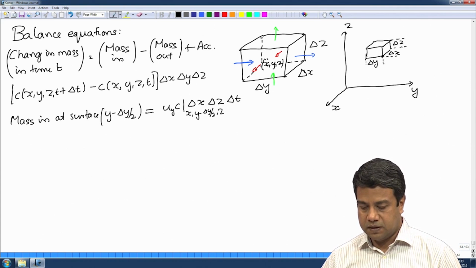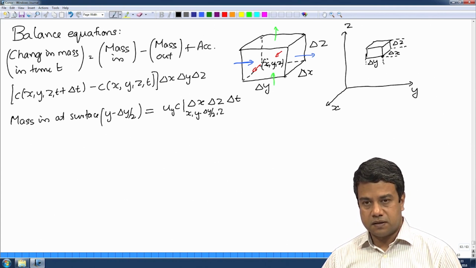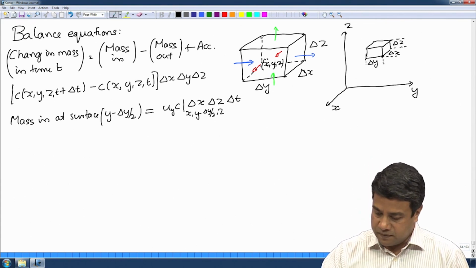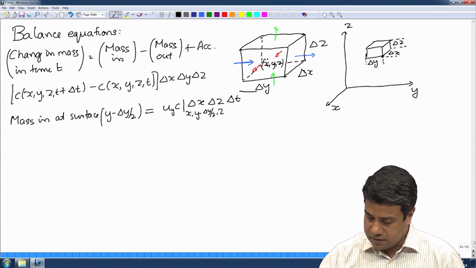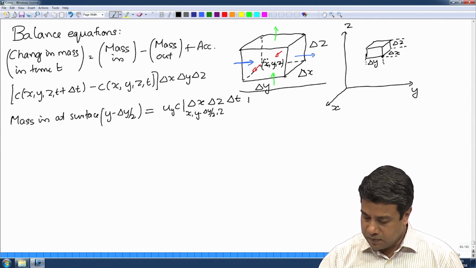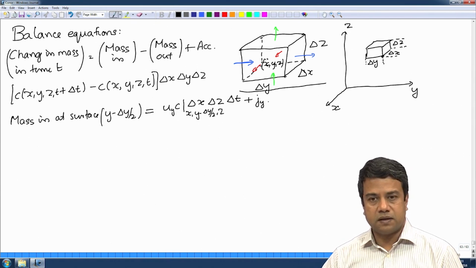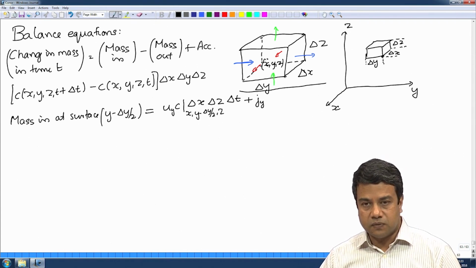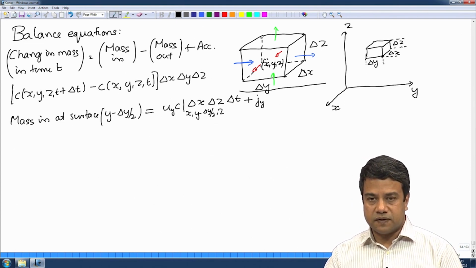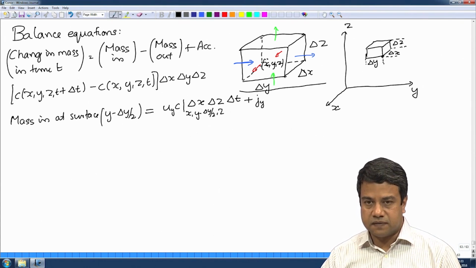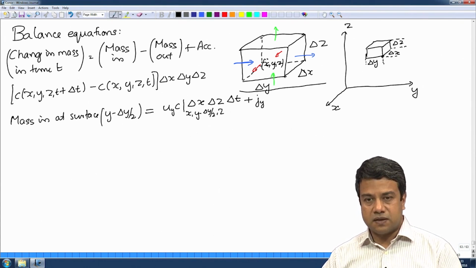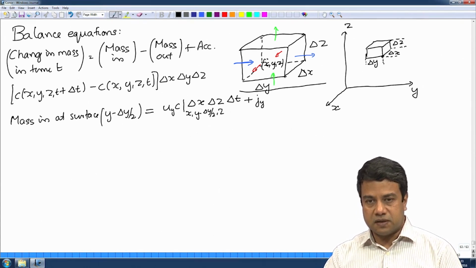There is another mass input here, and that is the second one, due to diffusion. The diffusive mass coming in is going to be equal to plus the mass flux in the y direction, because it is the mass flux in the y direction, perpendicular to the surface, that transports mass from the left side to the right side of the surface. The flux that is along the surface does not transport mass across the surface.